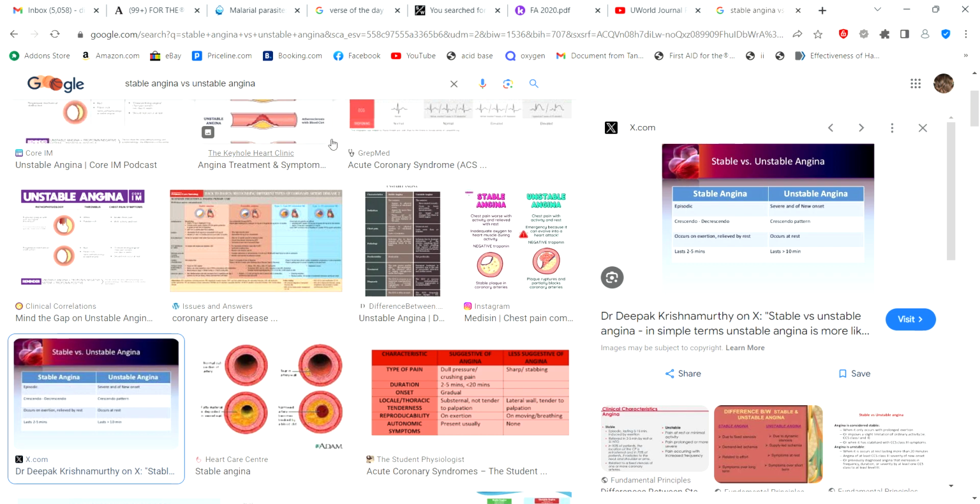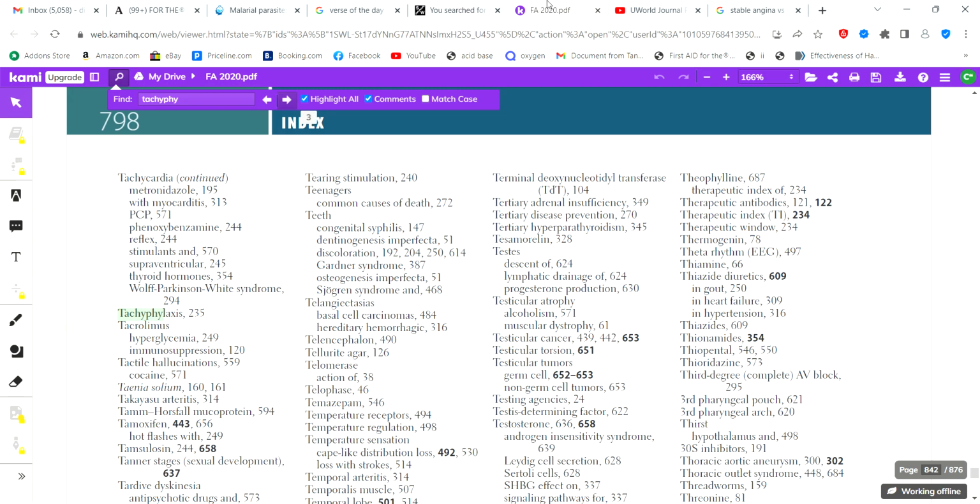So basically, for stable angina, you give nitrates, beta blockers, and calcium channel blockers, and unstable angina is the chest pain that occurs at rest.